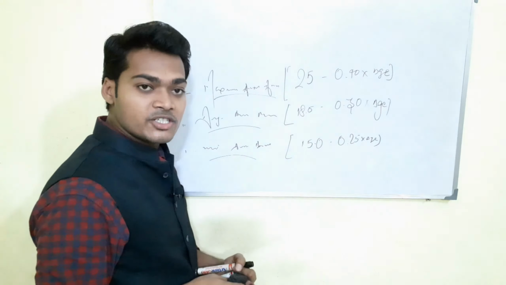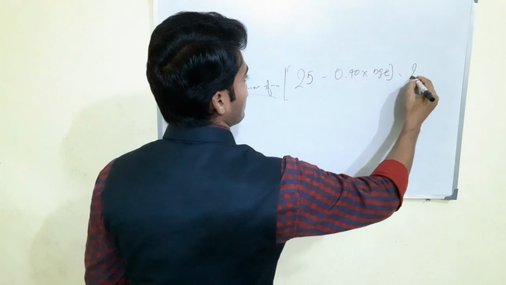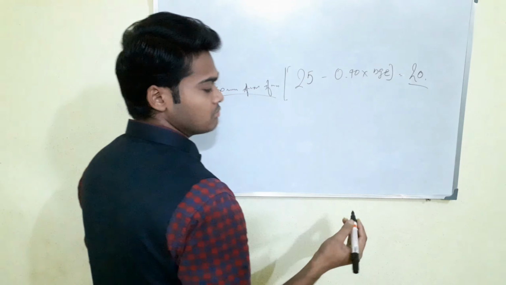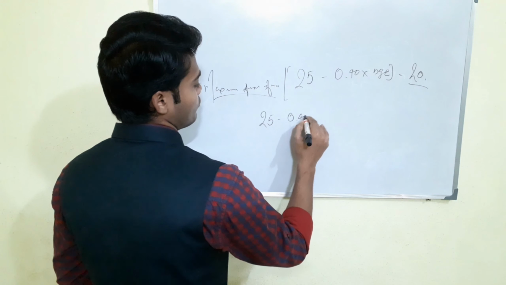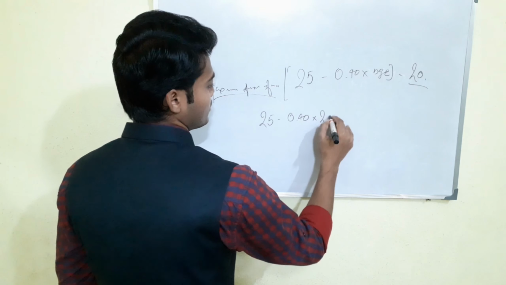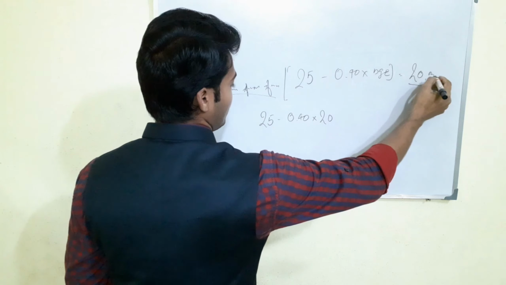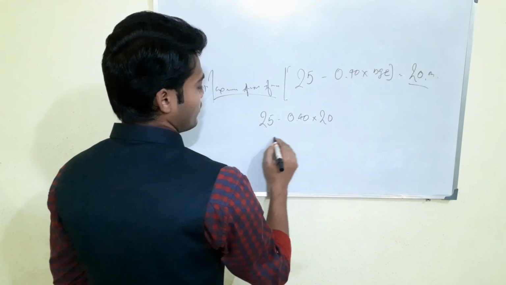Now I will show you how to calculate each formula and find the amplitude of accommodation at different ages. Suppose I take the patient age as an example, 20. Simply put here 25 minus 0.40 into 20, because this is the age. How do we calculate it?